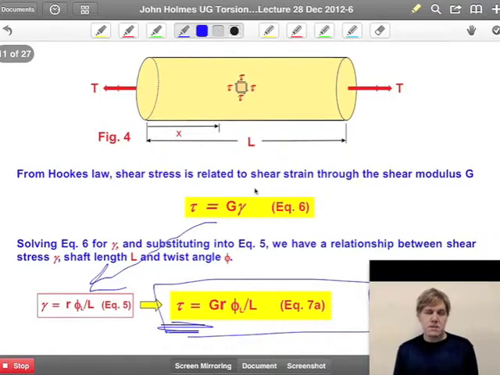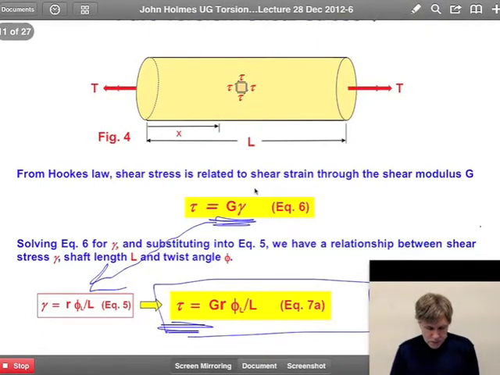So again, that's if I were to cut the shaft in half and look at the face of the shaft. As expected, because shear strain varies from 0 at the center of the shaft to a maximum at the outer surface, the shear stress had better also vary in the same way because they're related simply by this proportionality constant.